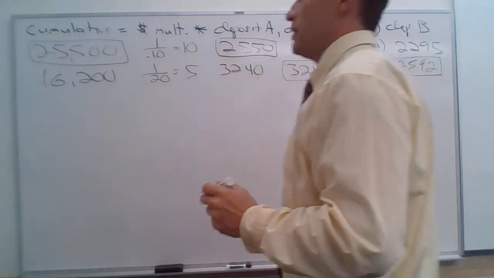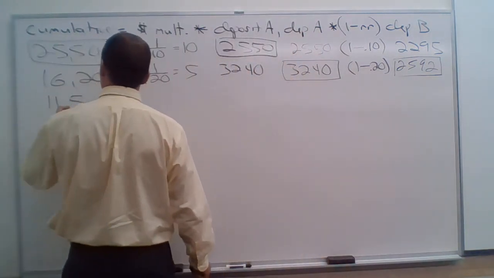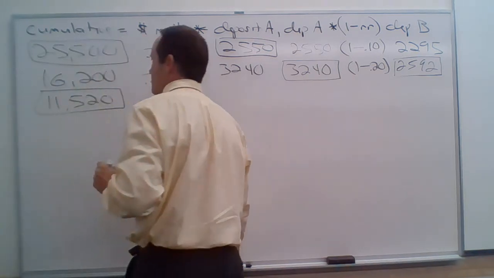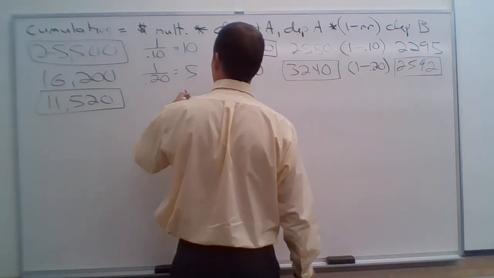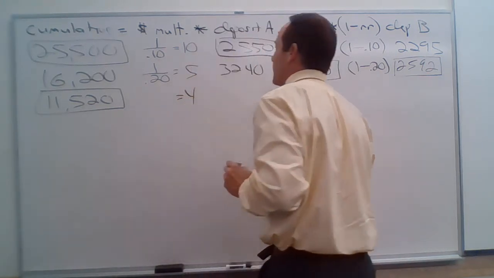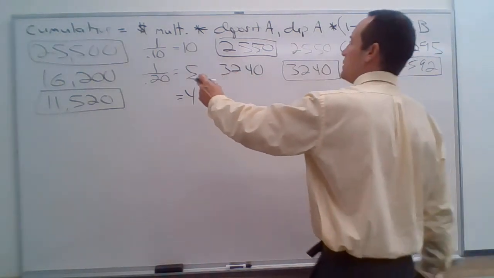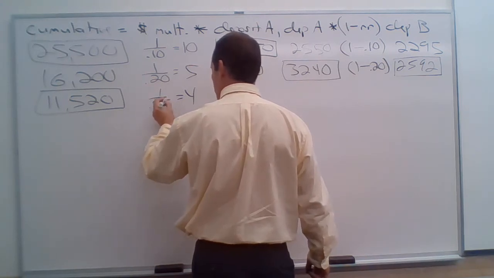Okay, while we're here, how about 11,520? 11,520 is the increase of monies in the banking system based on a multiplier of 4. If we have a money multiplier of 4, then we know the reserve ratio is 0.25.